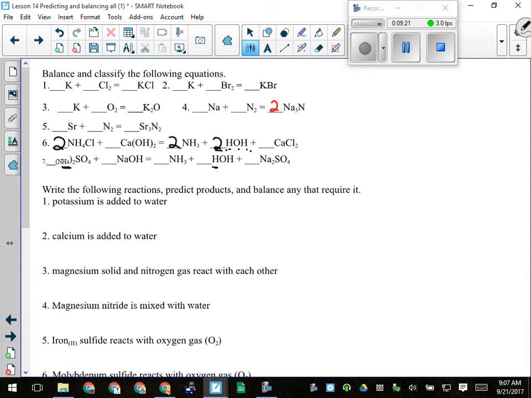So if I've got 2 of them here, I probably need 2 and 2, at least to start with. Then I've got 1 sulfate, 2 sodiums. That's perfect, because that makes my hydroxides balance now. It also makes my sodiums balance, and it looks like everything else is good.